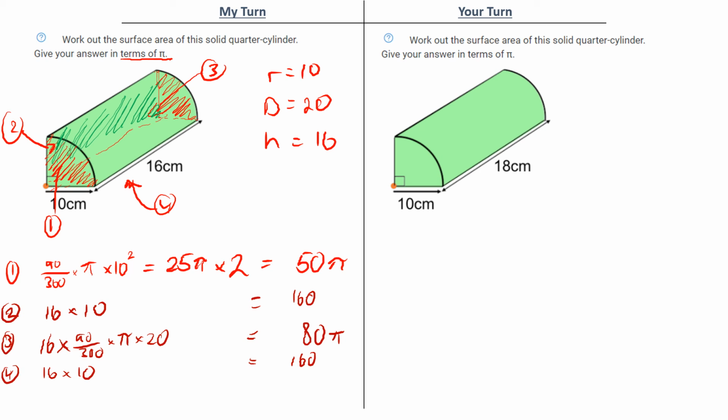Just like in algebra, we're going to add our numbers together and add our pi terms together. 160 plus 160 is going to give me 320. And 50 pi add 80 pi is 130 pi. So your answer, just leave it like that, 130 pi plus 320.